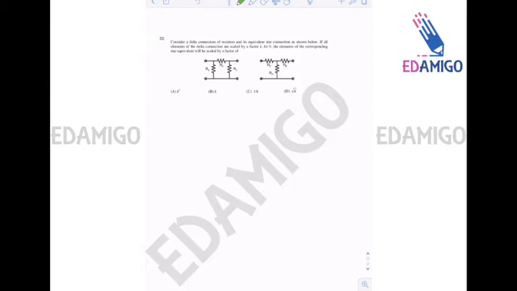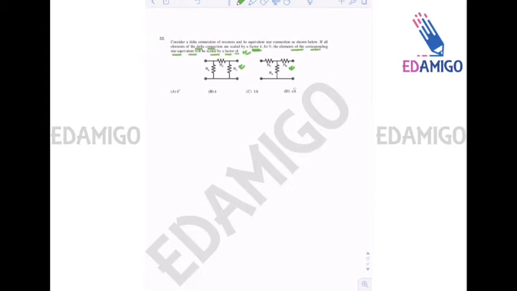So here delta is given and here star is given. It is given that if all the elements of delta connection are scaled by factor k, the elements corresponding to star will be scaled by what factor?